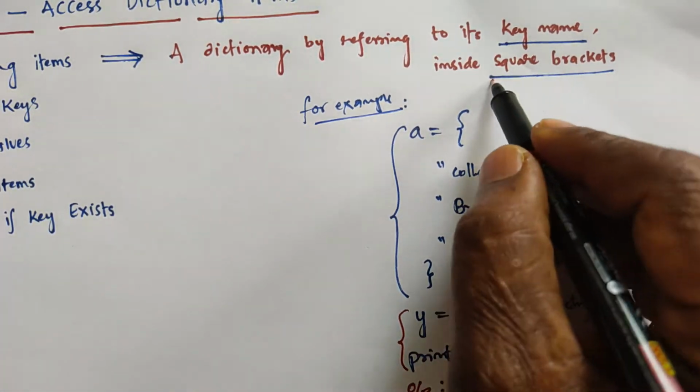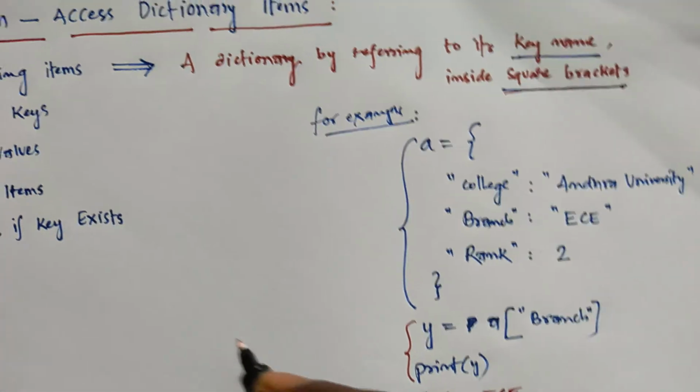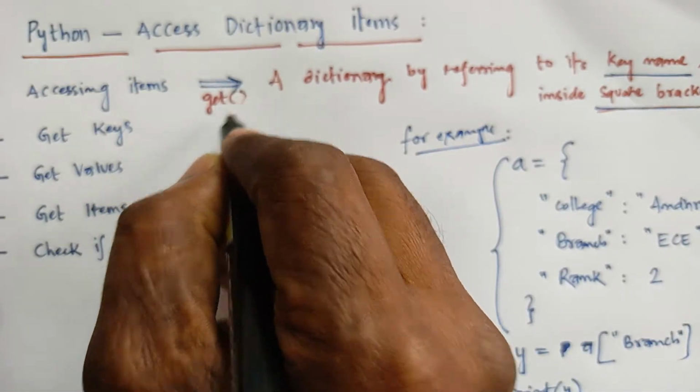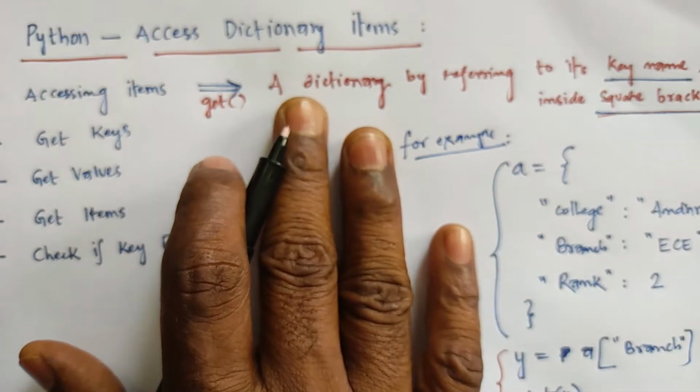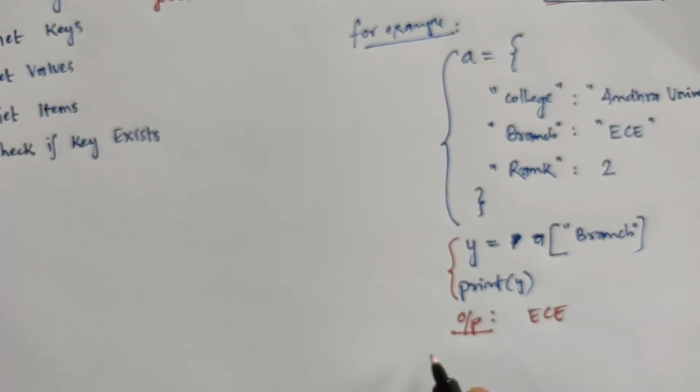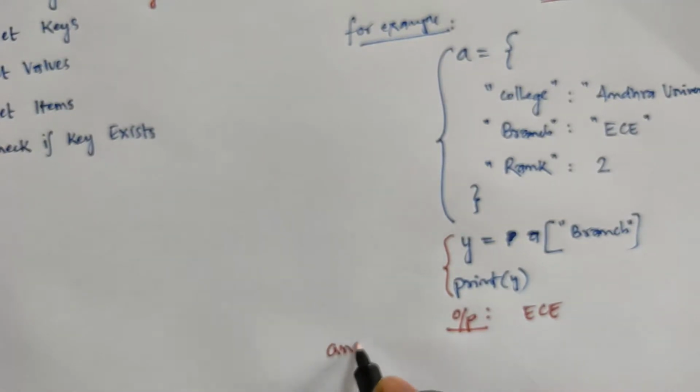Without using these square brackets, you can simply use the get method with parentheses. Based on this, you can extract the data.